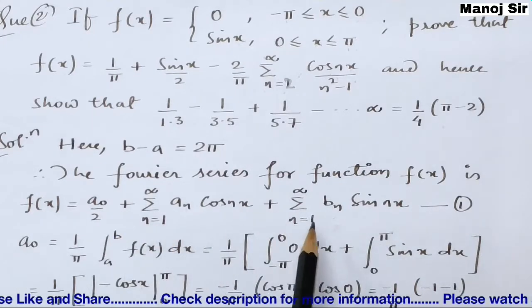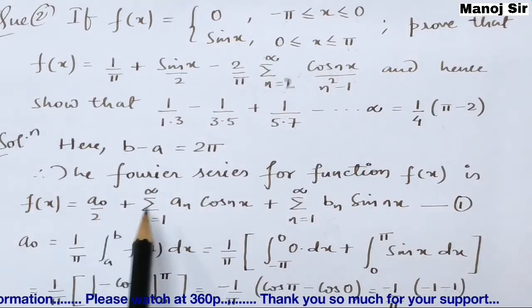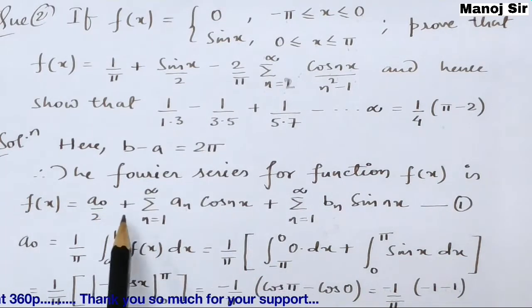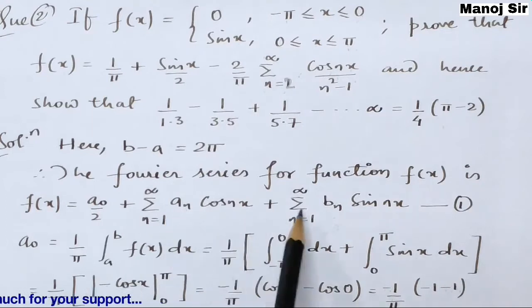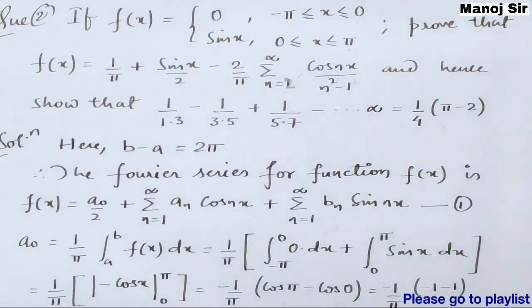Let's suppose this is my equation number 1. What we need to do is simply find the values of a naught, an and bn and put them here. This will be the Fourier series expansion of function f of x.